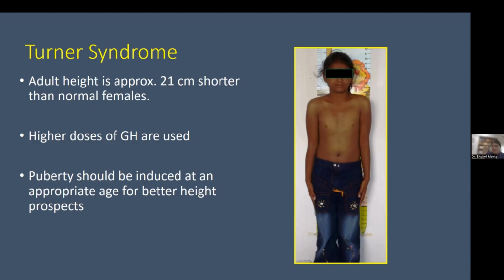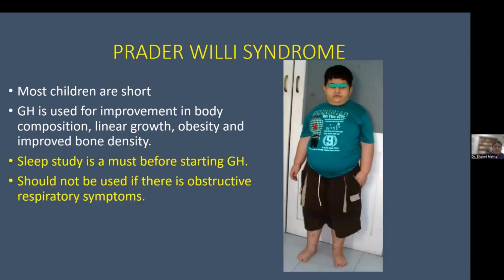These are also the kids who are going to present to us with sometimes just short stature, and they would require growth hormone treatment at much larger doses. So this is another subset of kids who come to us with short stature, or they may just go to the gynecologist with complaints of not having periods, and then you do the karyotype and they turn out to have Turner syndrome.